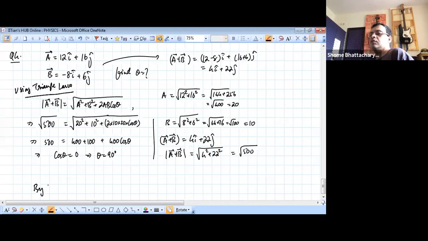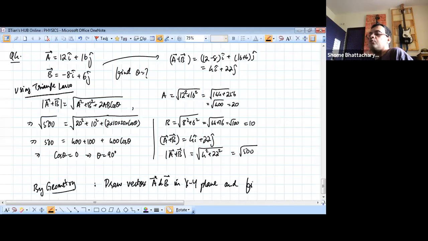But you can also do this question geometrically. Try this now, after finishing this. Draw the vectors A and B in the xy plane, and from that, find the angle theta. Try it by this method.